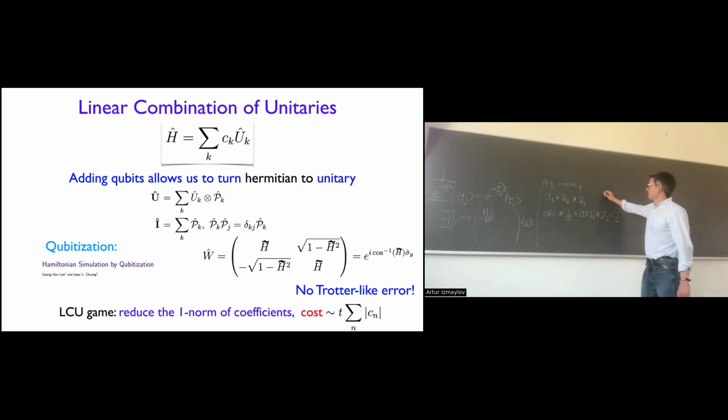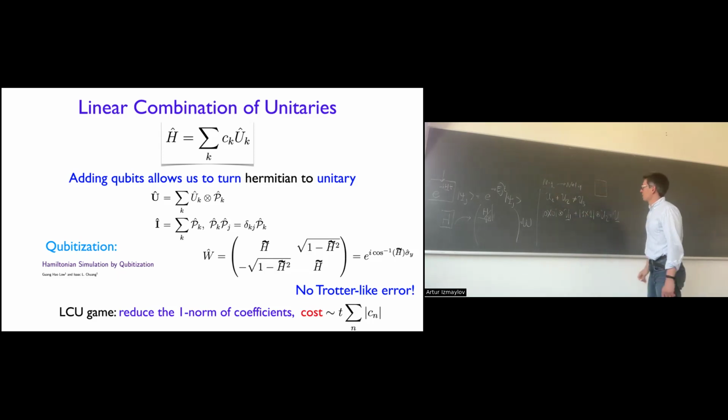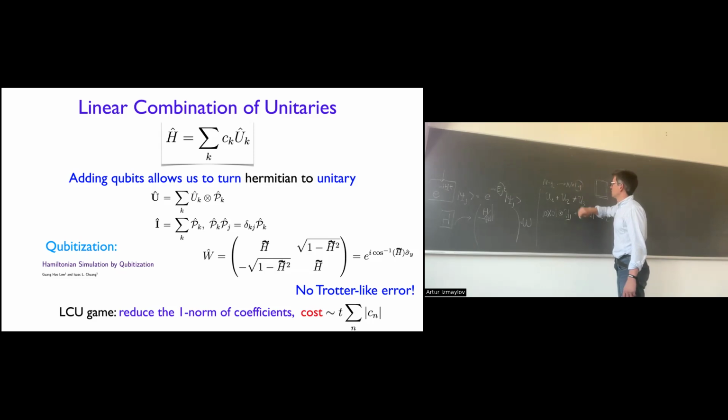Technically what was happening is that in the space where we started working, those two unitaries sort of overlapped and broke the unitarity of each other. And then when we added one extra qubit, we were able to separate them into subspaces which are not overlapping, right?